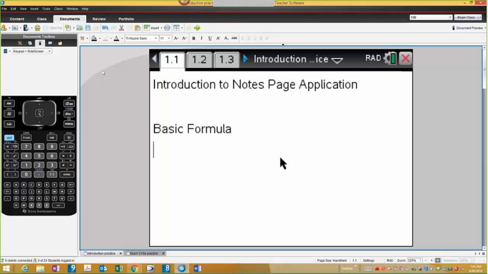Okay, so first of all, I'll show you how the notes page can operate.